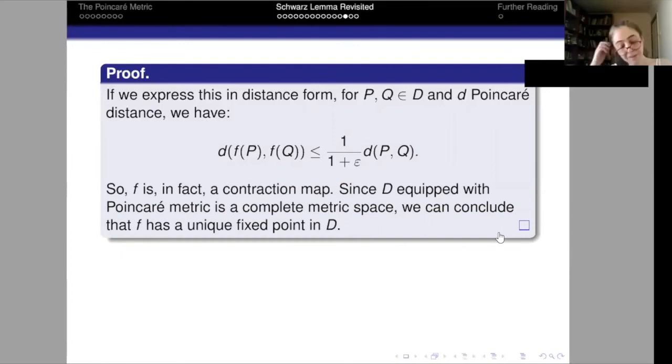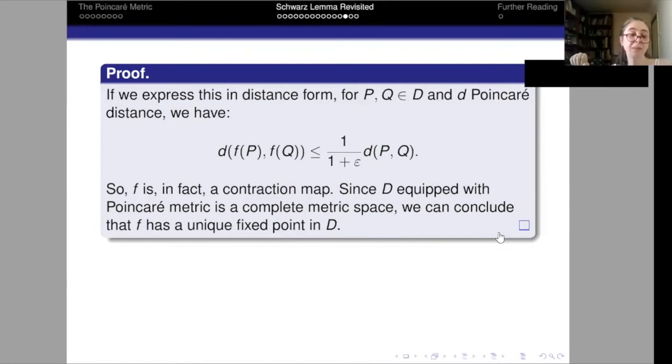Now, if you remember contraction maps, a contraction map is defined by: if the distance between f(p) and f(q) is less than some constant less than 1 times the distance from p to q, then it is a contraction map.